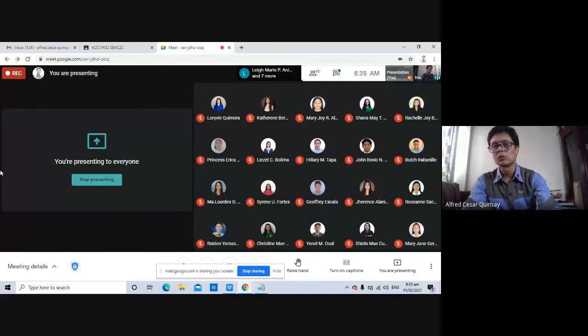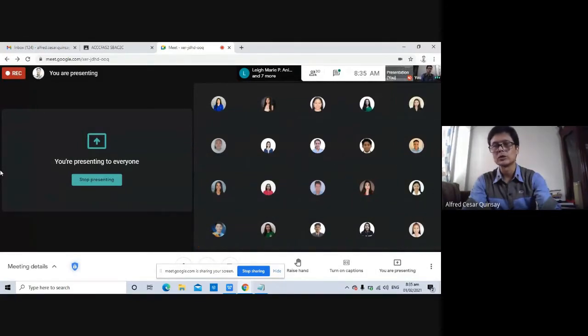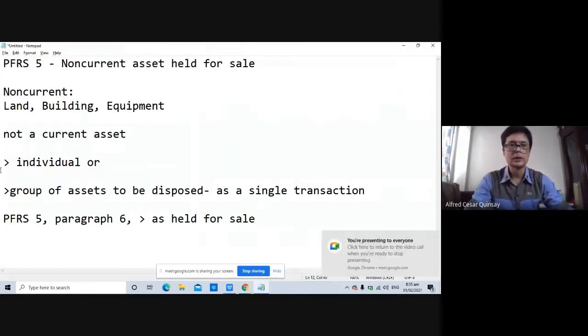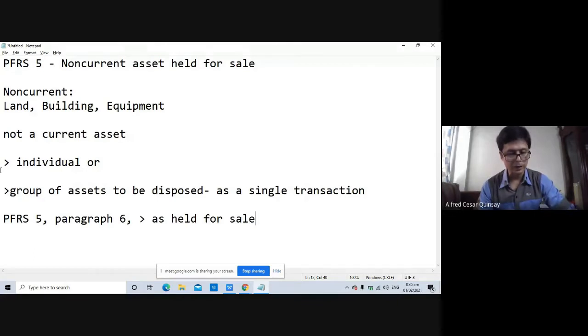Now, okay, mag-alala, no? Kung yung iba nagkakaroon ng fluctuation dun sa internet nila, naka-record naman to, so you can access it, no? Okay? So, PFRS number 5, paragraph 6, provides that a non-current asset or disposal group is classified as held for sale if the carrying amount will be recovered principally.